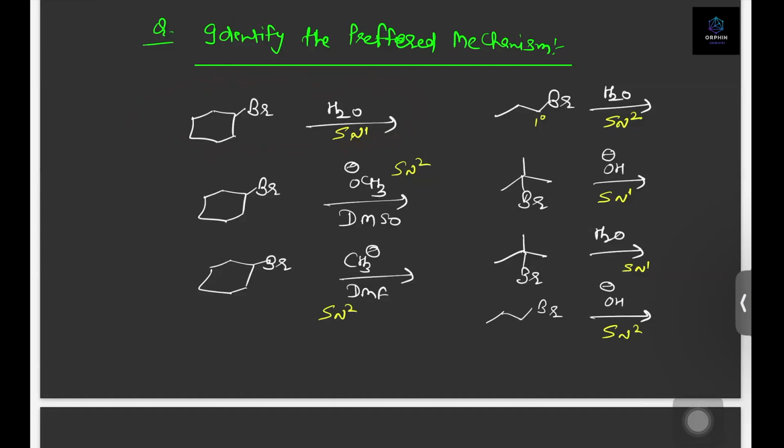We can say one only, because the configuration does not matter. Only one product will be obtained. In the next one, one product only. Sir, will that remain Br or OH?